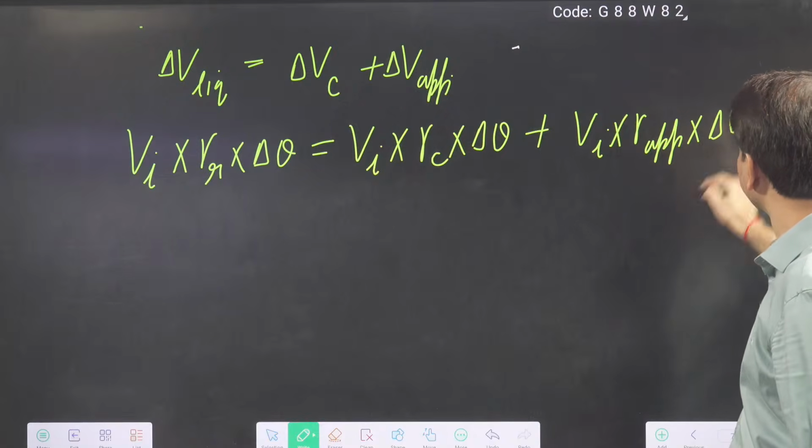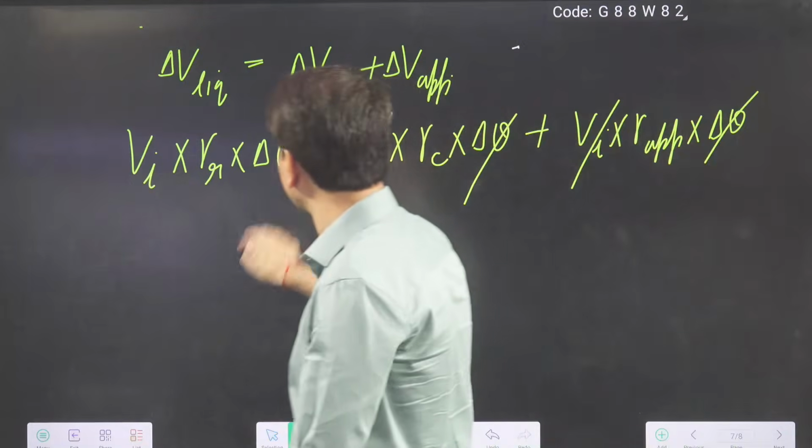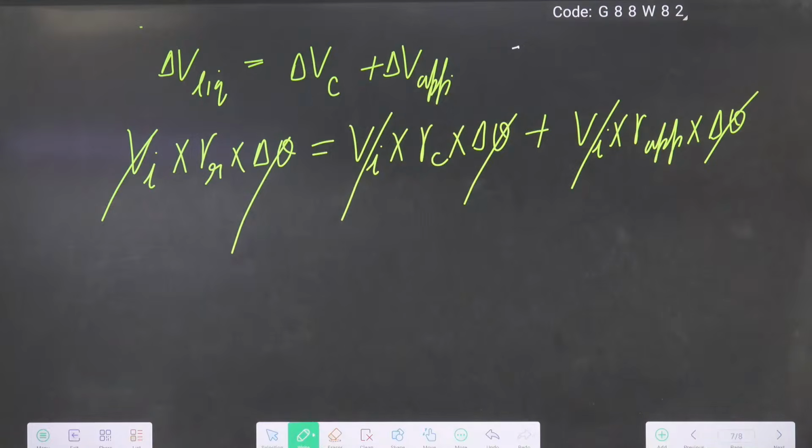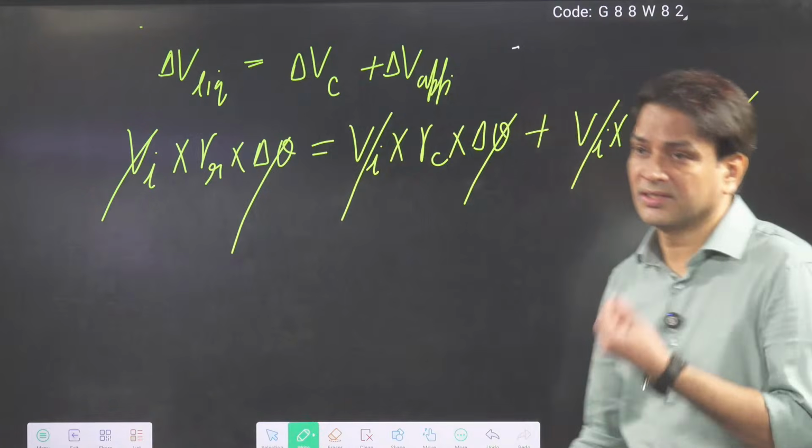Now you can see delta theta and Vi cancel out, so gamma real is equal to gamma apparent plus gamma container. Understood or not?